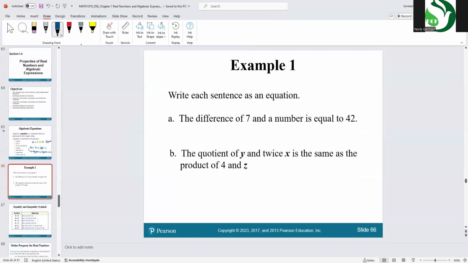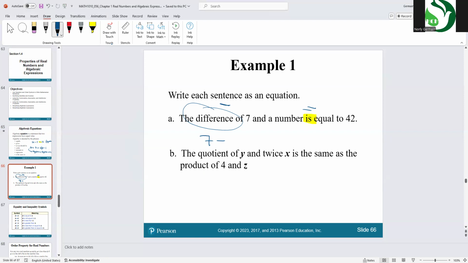See for some examples, write each sentence as an equation, because what you need to verify here is the word is. Is means equal, right? The difference means subtraction. So the difference of 7 and a number, what is that number?